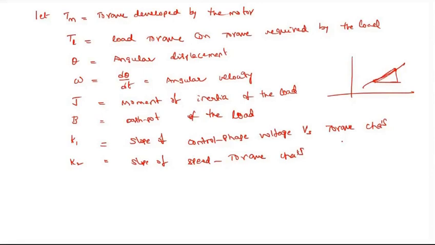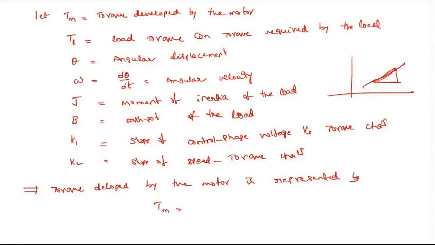Now the torque developed by the motor is represented by Tm equals K1 into EC minus K2 into d theta by dt. So this is the expression we need to remember.